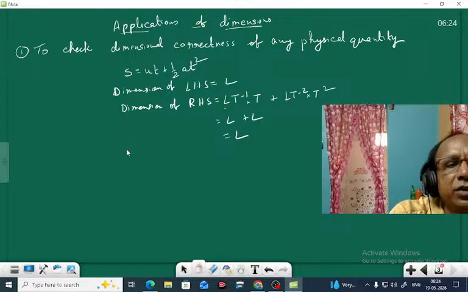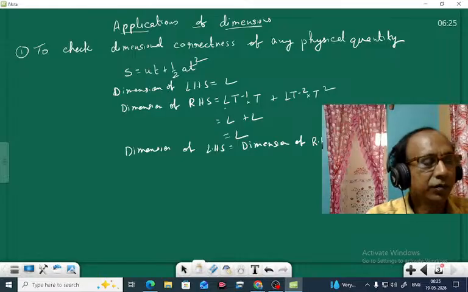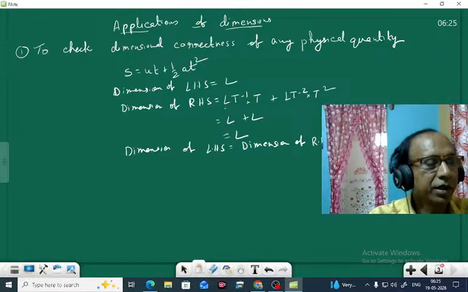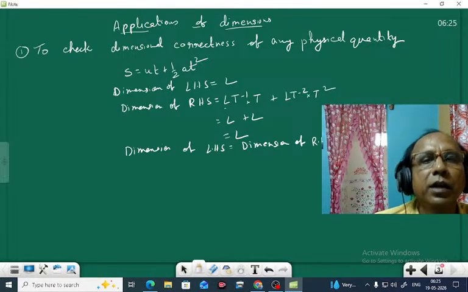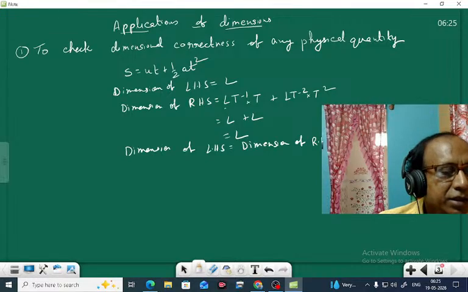So dimension of left hand side, or LHS, is equal to dimension of right hand side. So you can see here that the formula is correct. Both the left hand side and right hand side are equal.